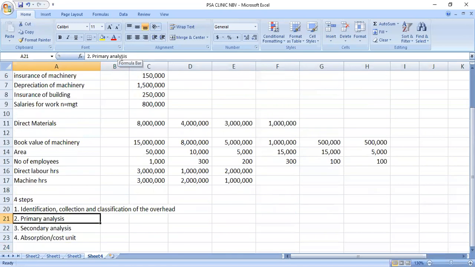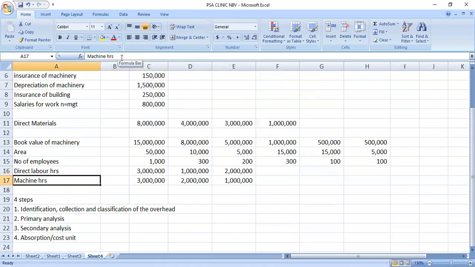Then the other thing is absorbing, or you're attaching the rate to the overhead itself. So you get the rate that you got here by dividing and multiply it by the overhead itself. We shall see how we apply that.